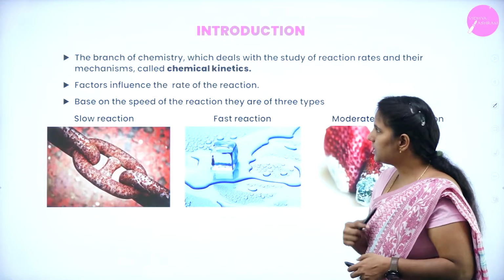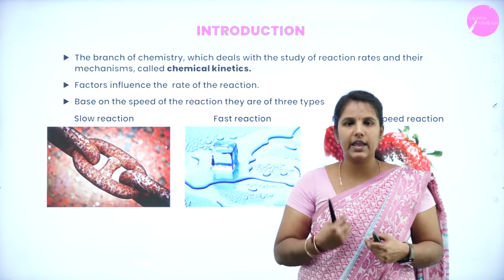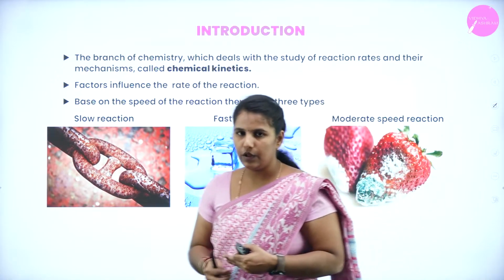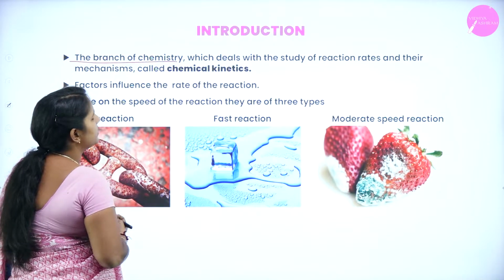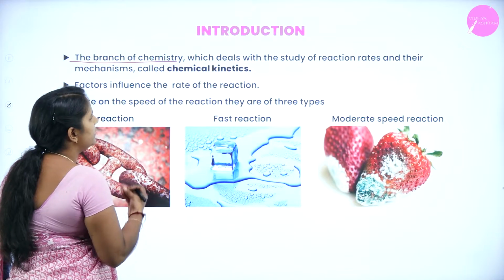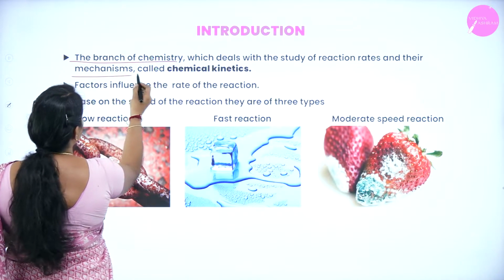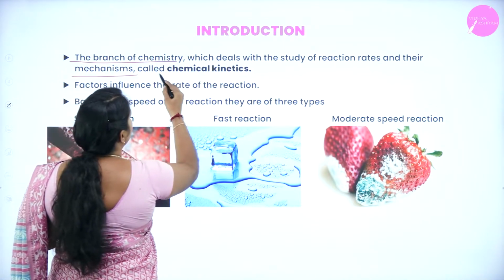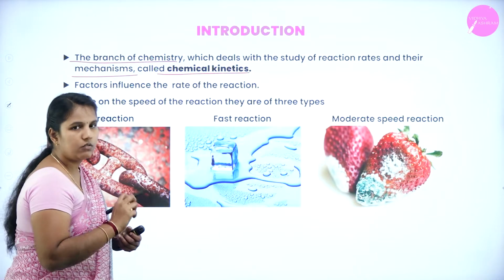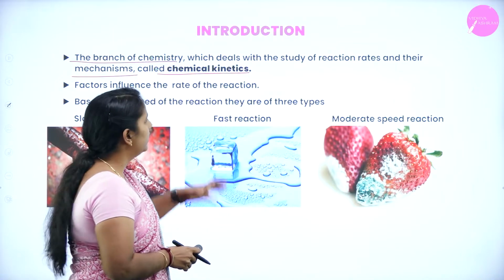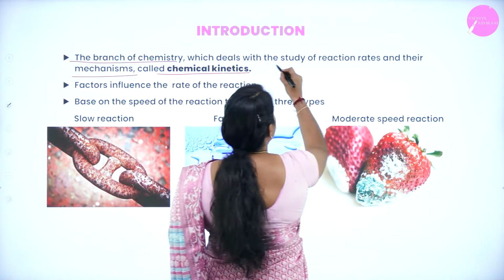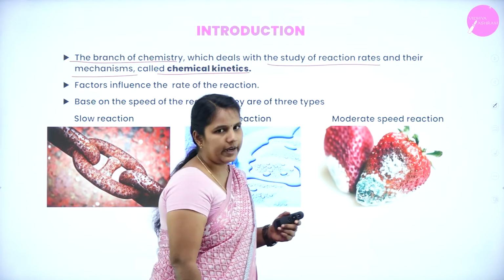Now, let us understand what chemical kinetics is first. The branch of chemistry which deals with the study of reaction rates and their mechanisms is known as chemical kinetics. It is a branch of chemistry that deals with the study of reaction rate.